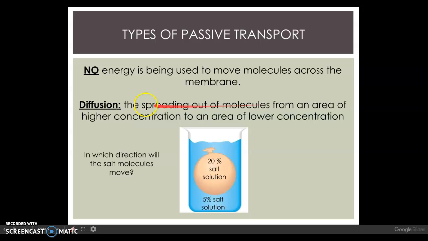If I know that in diffusion, molecules go from a high concentration to a low concentration, I'm going to look for my higher number, which is 20, and I know that because things go from a high to a low concentration, my salt will move out of the bag. So again, the salt will move from an area of high concentration, 20%, to an area of low concentration, which is my 5%.